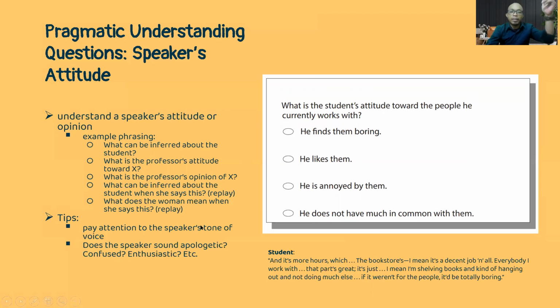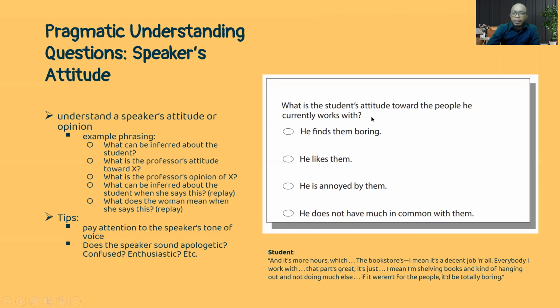Tone here means the inflection, the up and down of the intonation from the speaker. Because sometimes our words are positive, but our tone is low. Even a positive statement can mean negative, for example, right? So that's what this means. And you need to also consider some general or usual attitudes used. For example, apologetic, confused, enthusiastic, and so on.